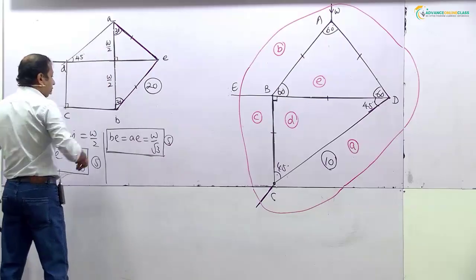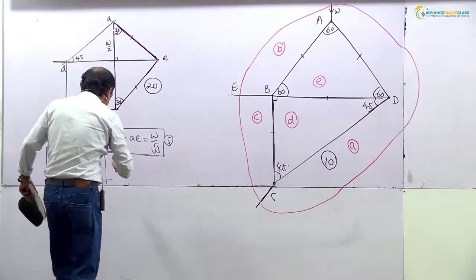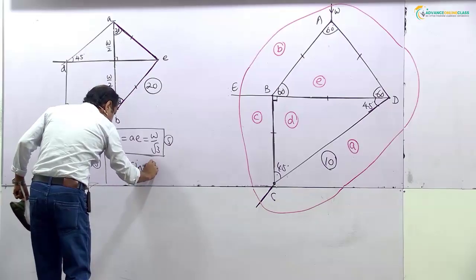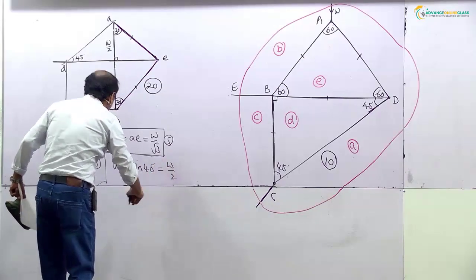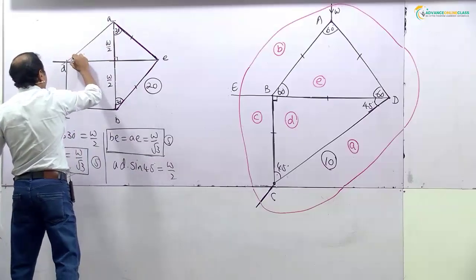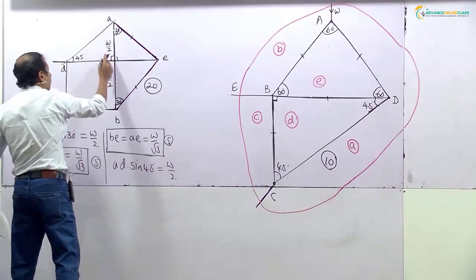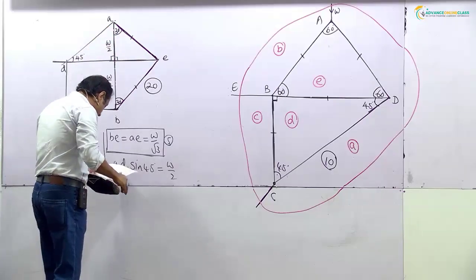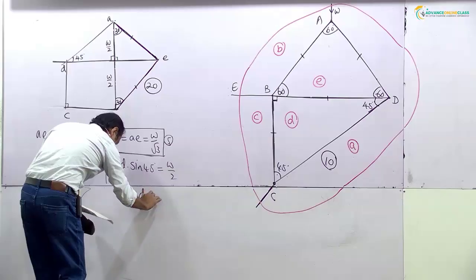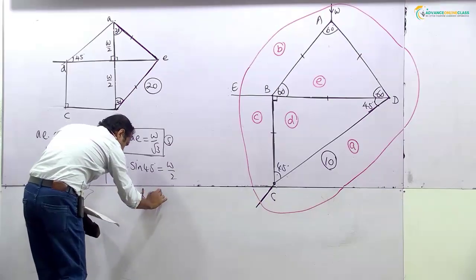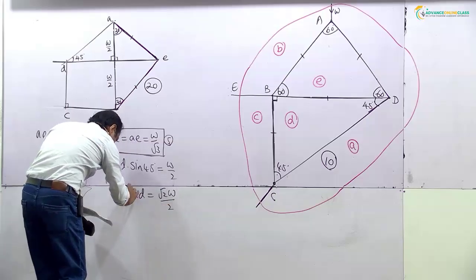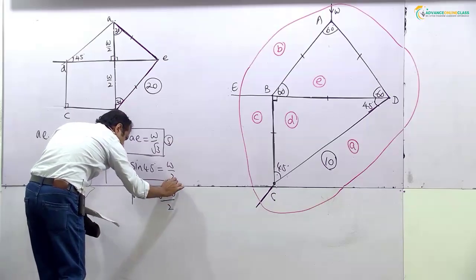AD sine 45 equals W by 2. Correct, no? AD means this, no? This is 45. This side is here also 90, no? AD sine 45 equals W by 2. Simplifying this, we get AD equals root 2 W by 2. For this, we get another 5 marks.